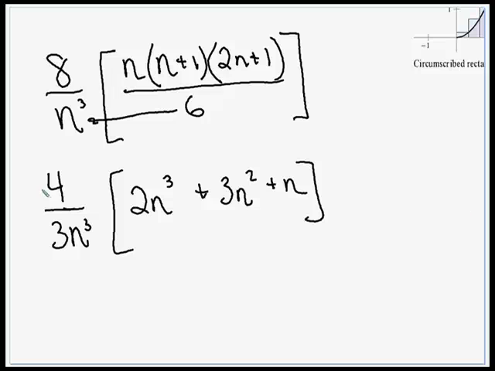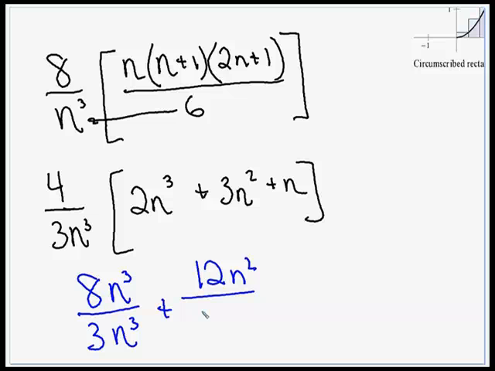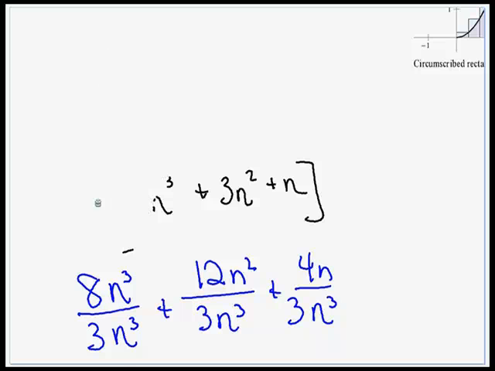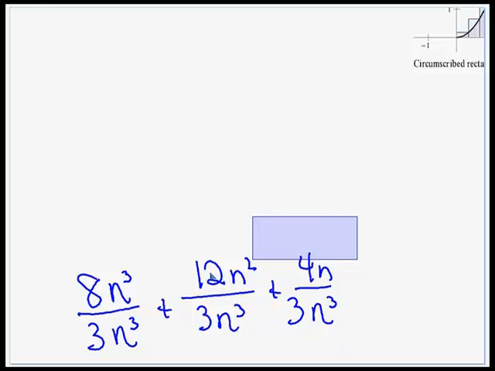And just like we did in the last example, if we distribute through, we're going to have 8n to the third over 3n to the third, plus 12n squared over 3n to the third, plus 4n over 3n to the third. And just like last time, we're going to have some stuff cancel.